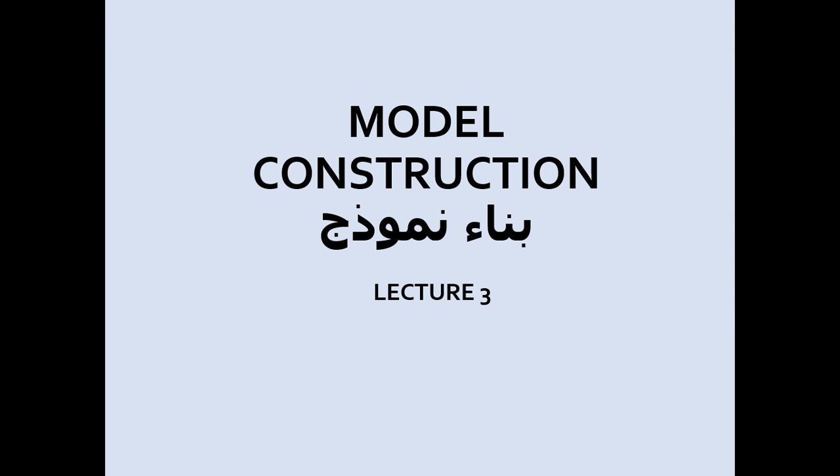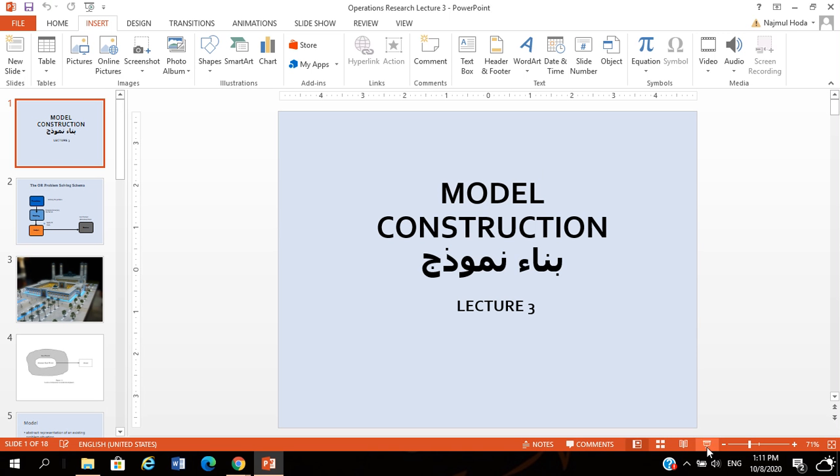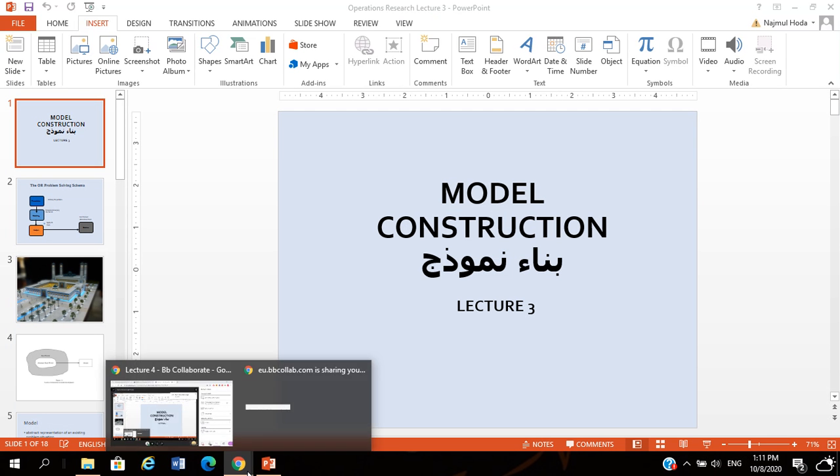The third step is to analyze the problem and decide which management science tool or OR tool we will apply to solve the problem. And then finally, we get the answer, and we can easily decide which alternative we can use to take the best decision.